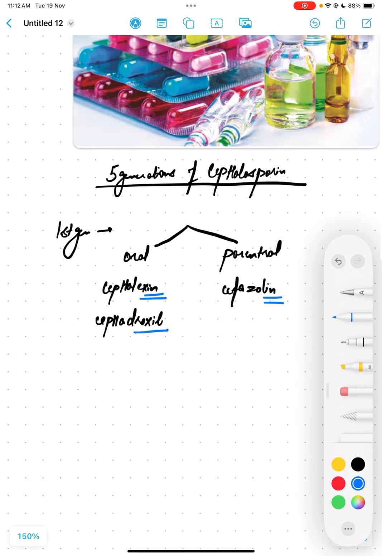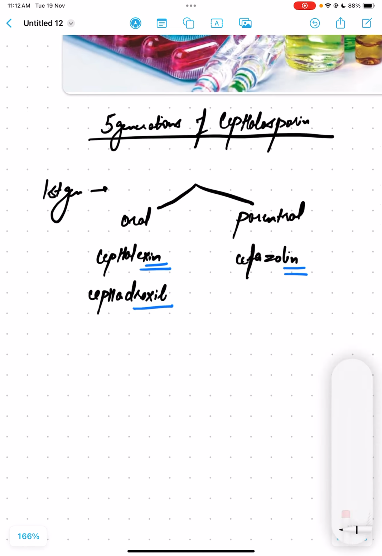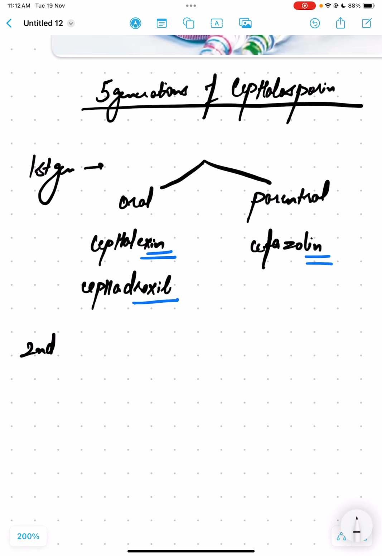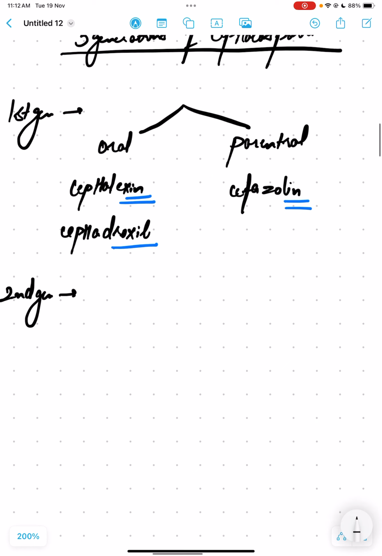Now we will begin with the second generation. The second generation also involves oral and parenteral drugs.